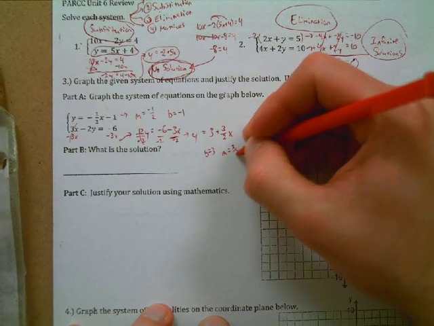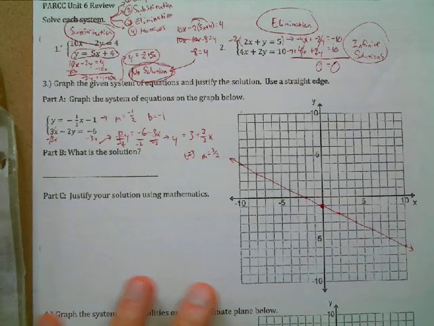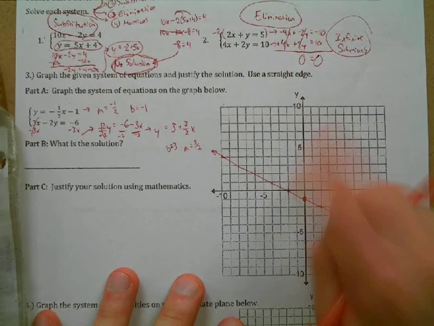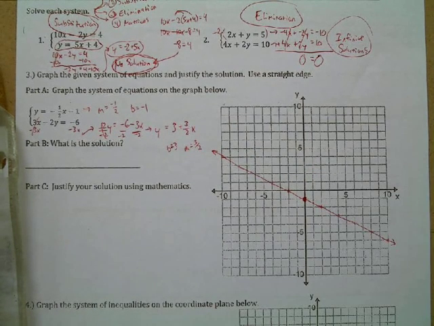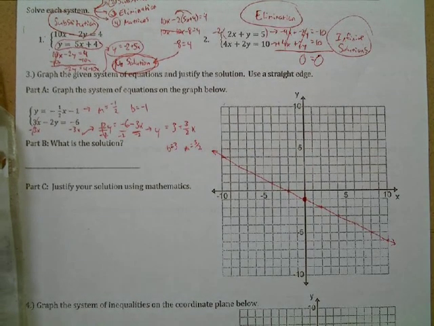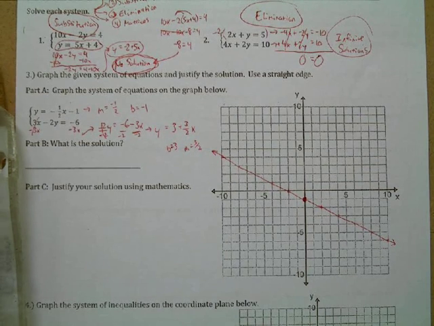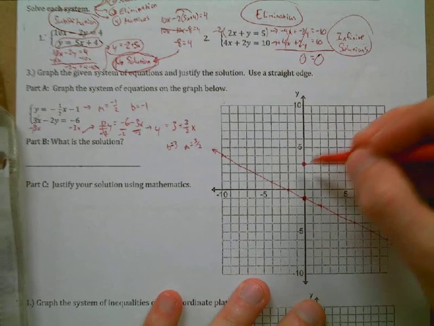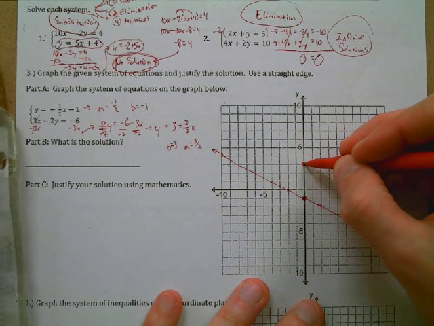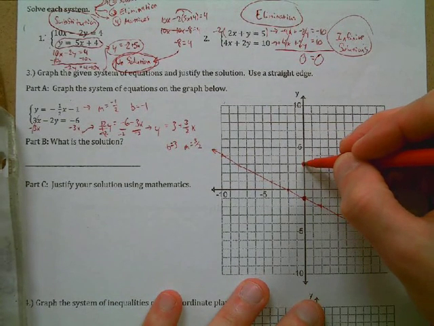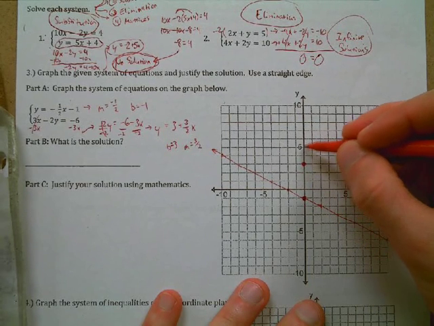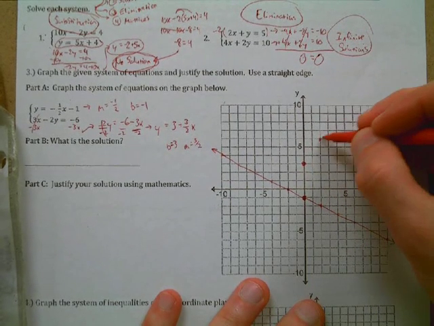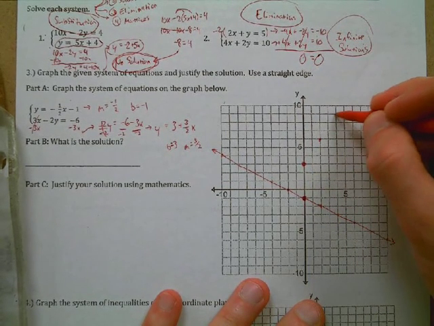All right, so going to our graph here, where do we start? 3 on the y-axis, 1, 2, 3. And then from here we're going to go up 3 over 2, up 3, right 2, or down 3, left 2.